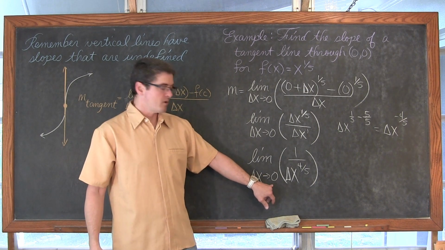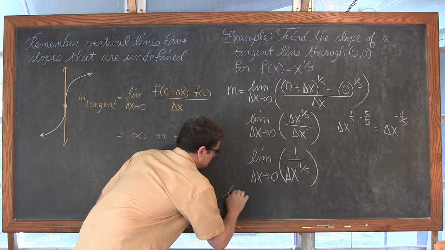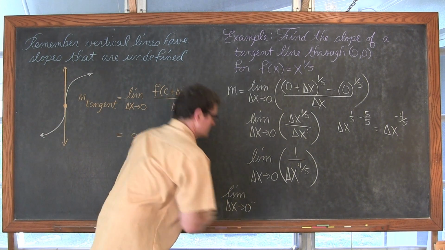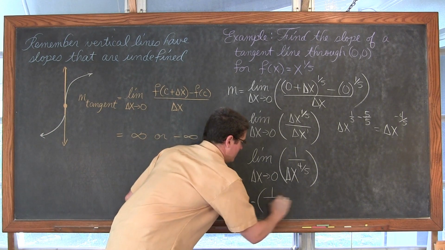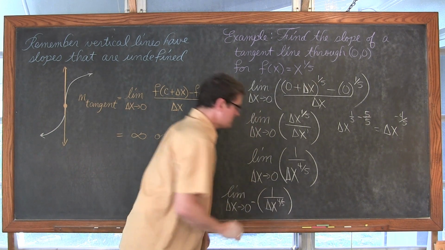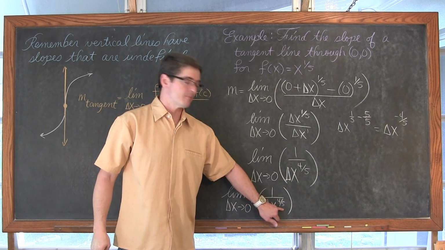If I let delta x approach 0 from the left, of 1 over delta x to the 4/5 power. Let's not forget that the top number is a power and the bottom number is a root.